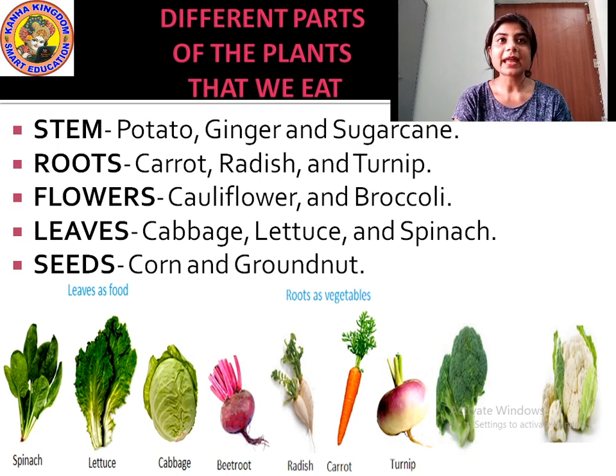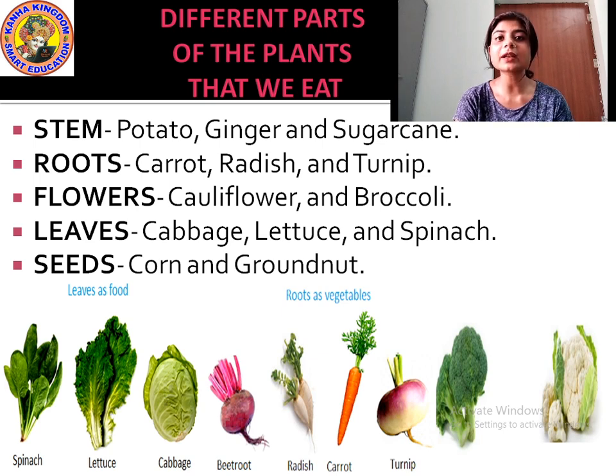Okay? Then in roots, what are the parts of the plant that we eat as root? What are the different foods that we eat as root? That is carrot, radish and turnip. Okay, those are carrot, radish and turnip.